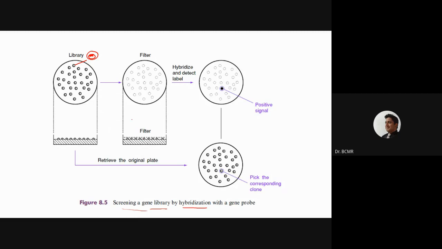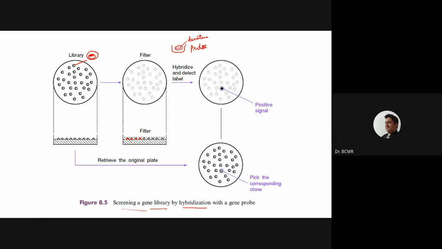So we make a filter, and the cells from the plate will be transferred onto the filter. There are a lot more steps that we will look into in the next slides. But the simplest way is, once you do that, you have to open up the cells, and the plasmid is there. That plasmid should be denatured. There are a lot of steps involved, and then you will add a probe.